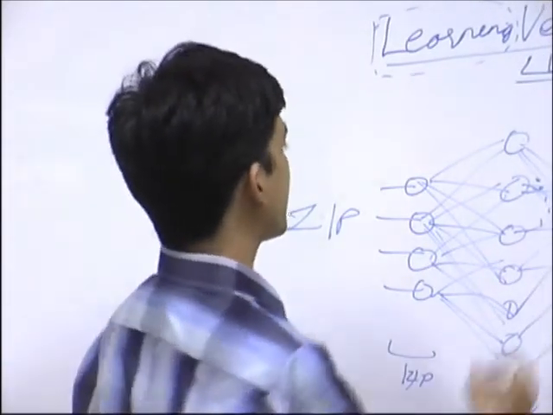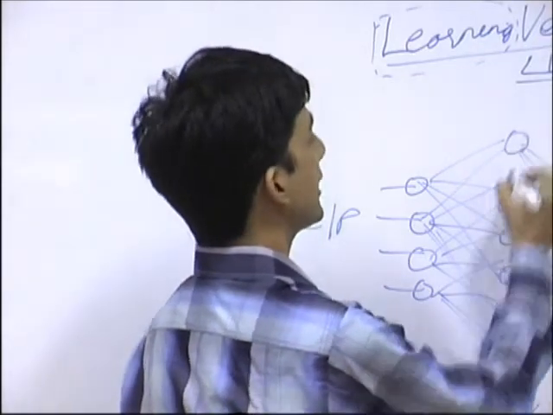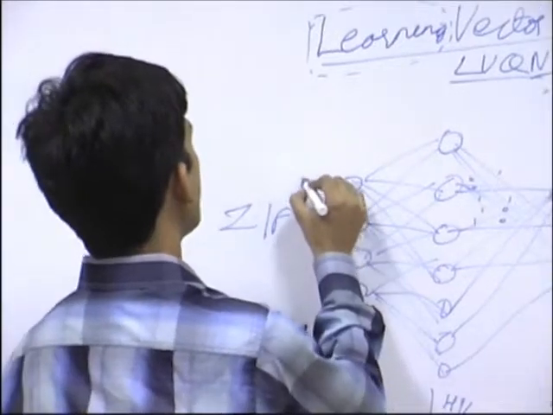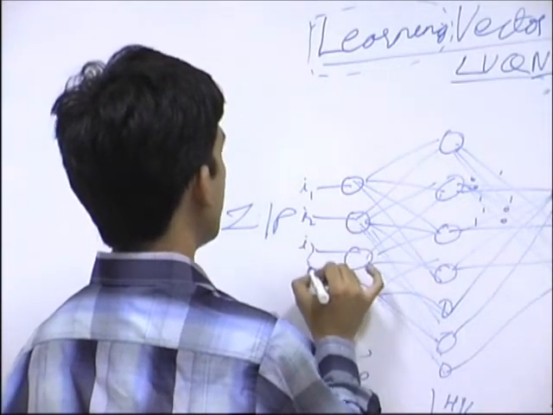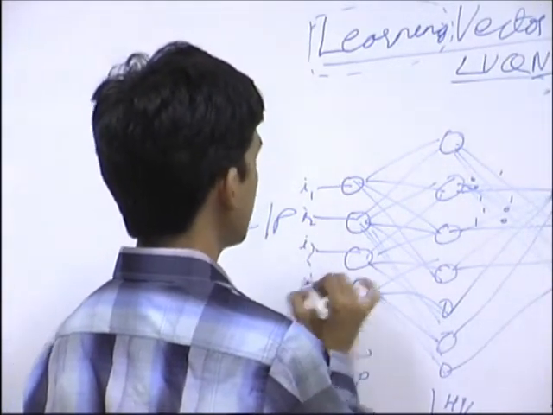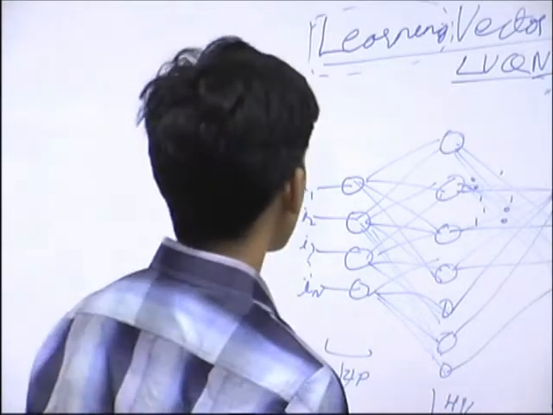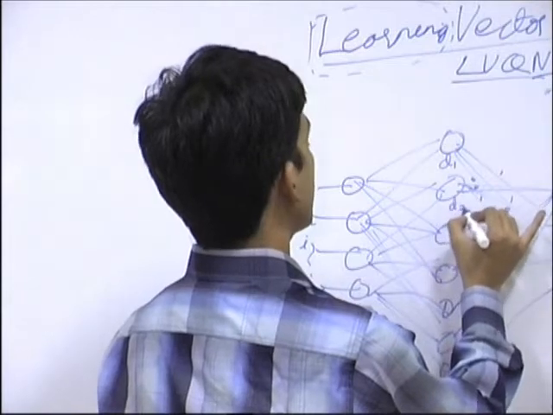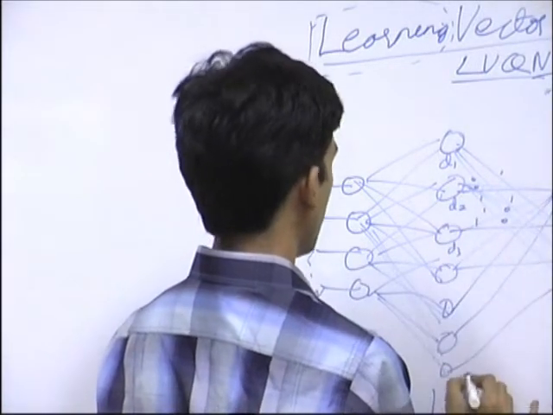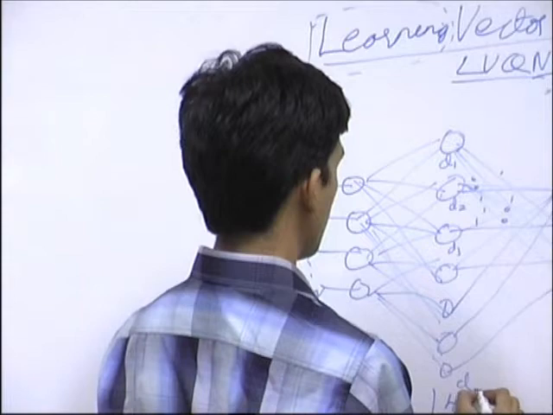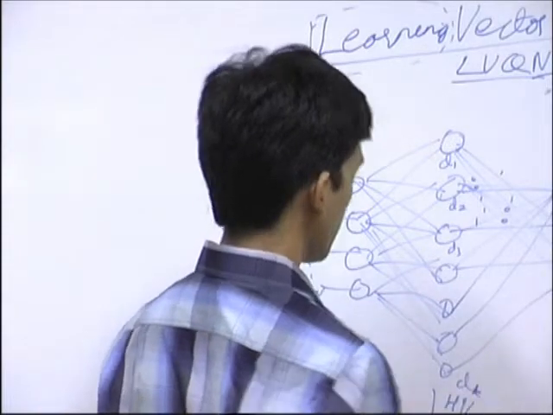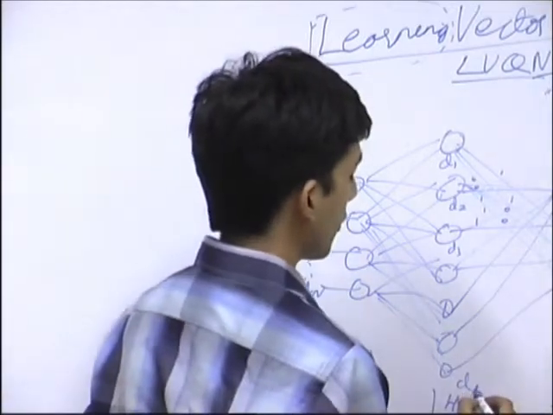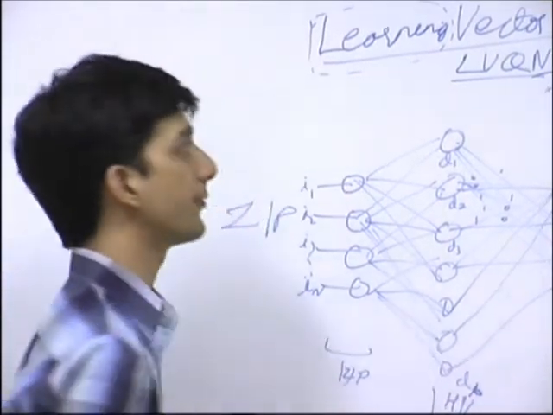So let me say that, similar to the radial basis function network, if the input was I1, I2, I3 up till In, all these neurons are nothing but vectors.